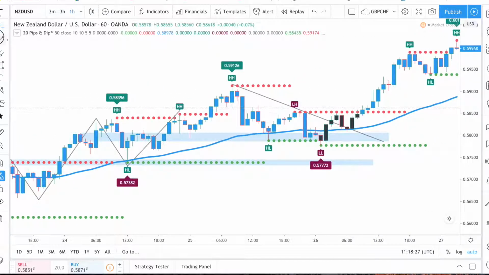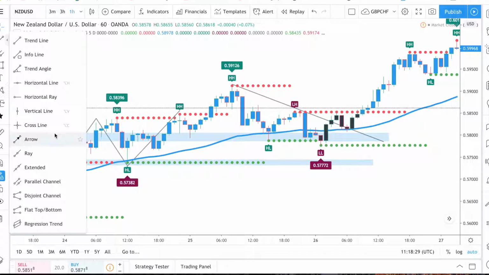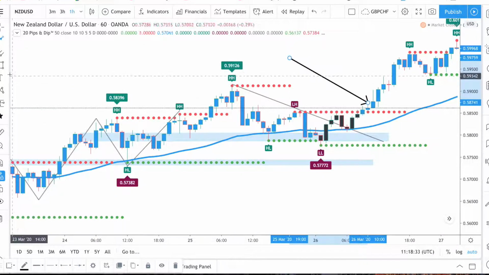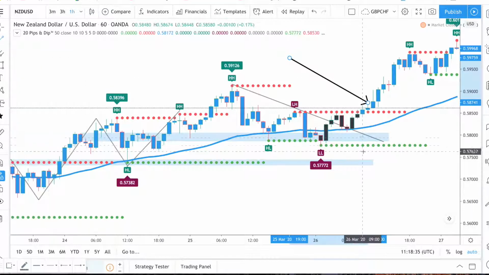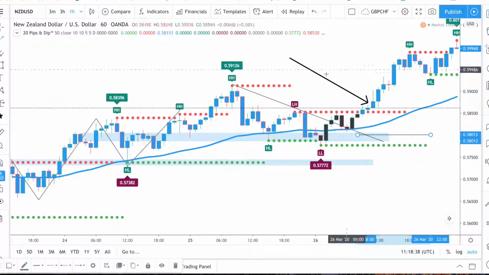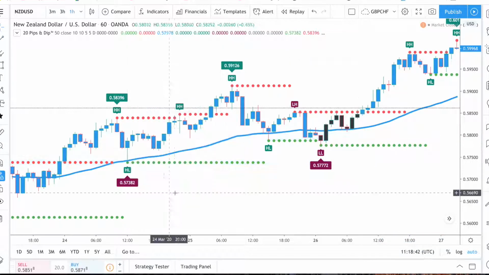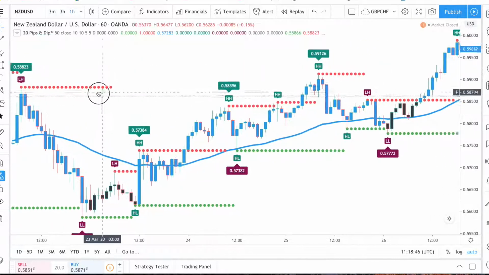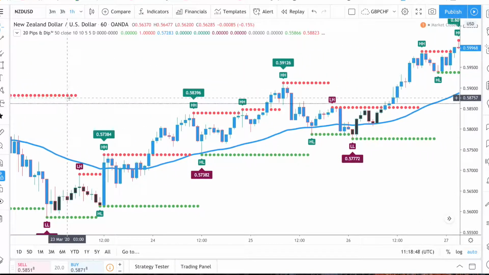So once that market broke that structure again, right there, you would have taken it to the upside, placing your stop loss under the price where the market hasn't been. So listen, family, these elements of the 20 pip indicator are crucial for you to understand because they're going to help you maximize as an independent trader.